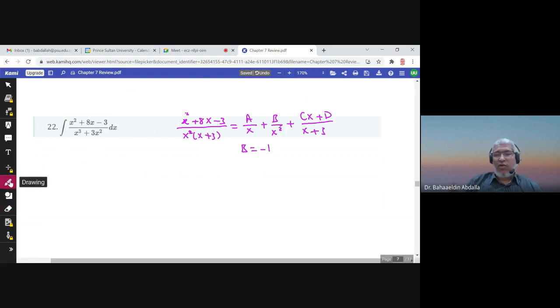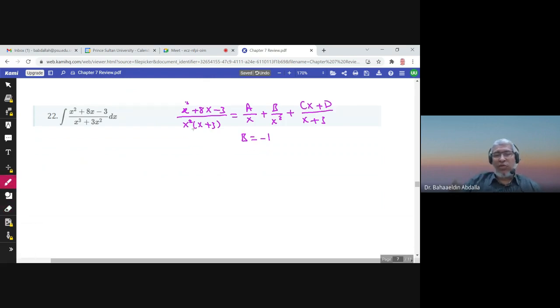And to find the other coefficients, now I multiply by x squared times x plus 3. So the left-hand side is x squared plus 8x minus 3 equals a times x times x plus 3, plus b times x plus 3, plus cx plus d times x squared.